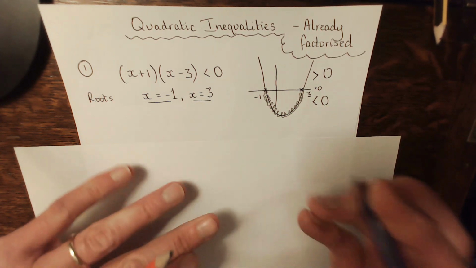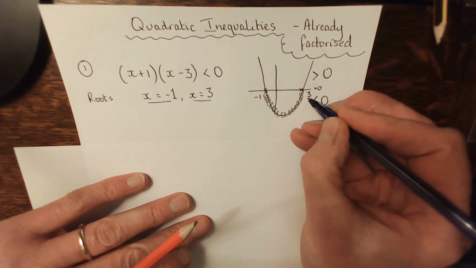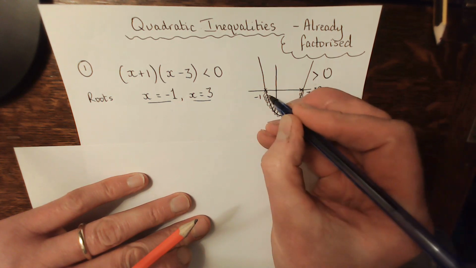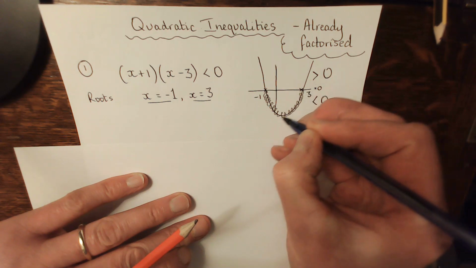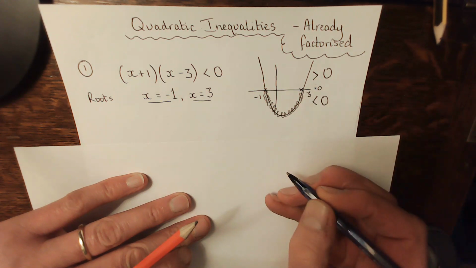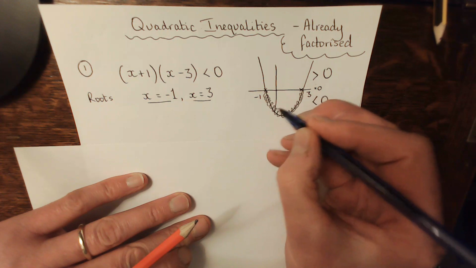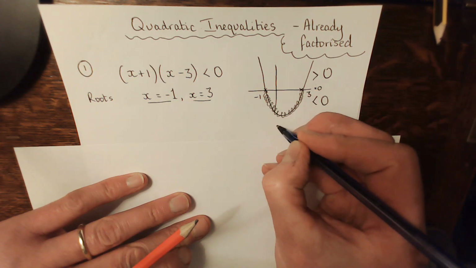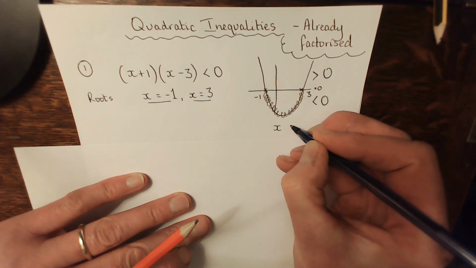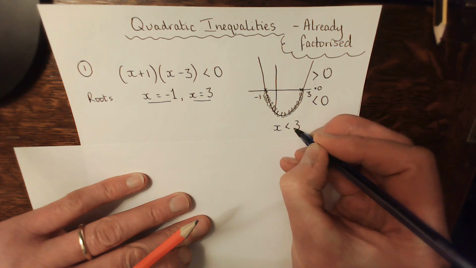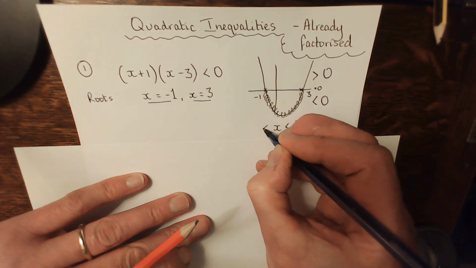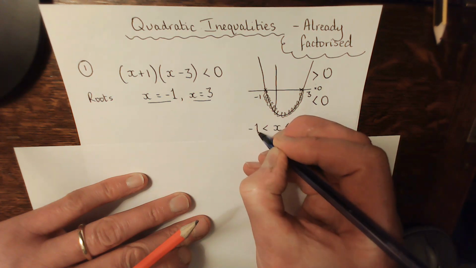Okay, so what have we got here? Well, we know that it's less than 3 and greater than -1. But because I have one single piece of my graph that is coloured in, shaded in, I have to write it as one piece of information. So x is less than 3, but greater than -1.